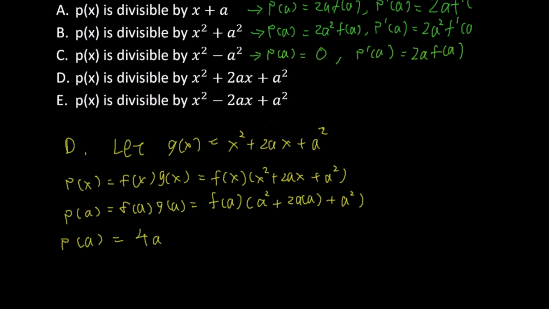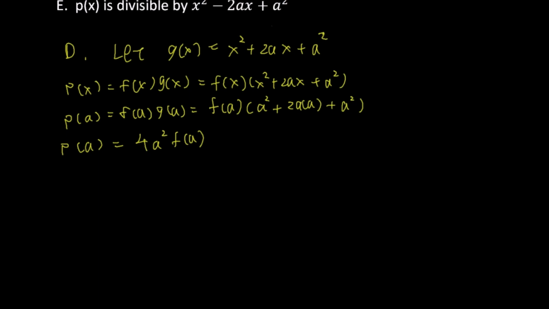So we have 4a squared f(a). We don't know what a is equal to. a is a constant. Only if a is equal to 0 is p(a) equal to 0. So it looks like it's not really meeting the condition. But let's try. We also have to evaluate p prime(a).